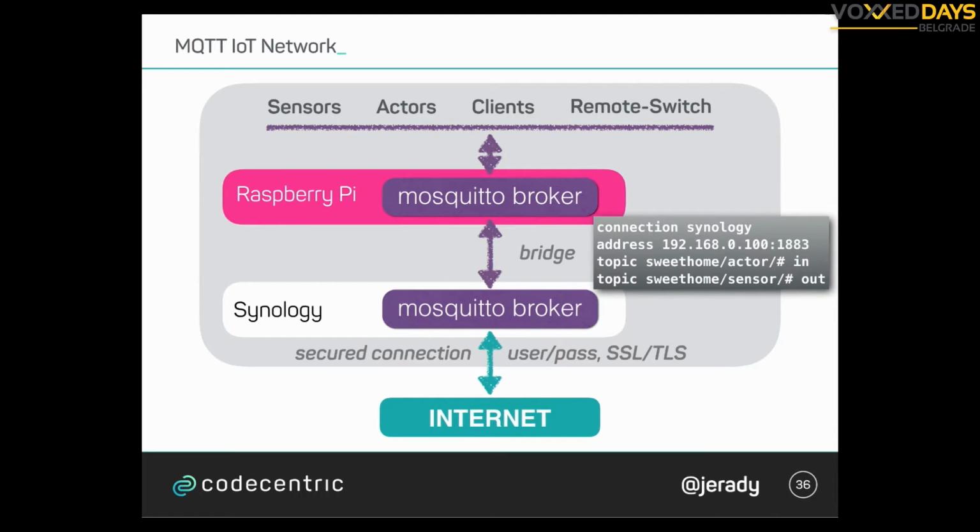But for connection from the outside, from the internet, I have a second broker installed on my Synology, and there I'm also using the bridging support of MQTT brokers. So any topics from inside and outside are instantly, transparently bridged between these brokers. And the connection from outside to my Synology is secured by username and password, and also TLS secured.